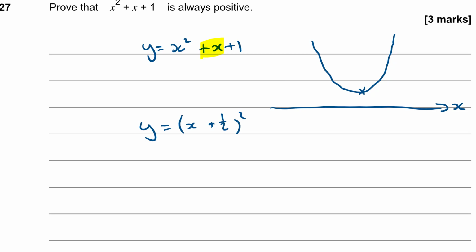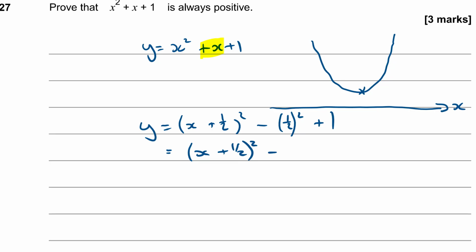Now, if I want to replace x squared plus x with x plus a half all squared, I'm introducing a half squared more than I should, so I need to take that off again. Plus I've got my 1 from before. So that is equal to x plus a half squared.